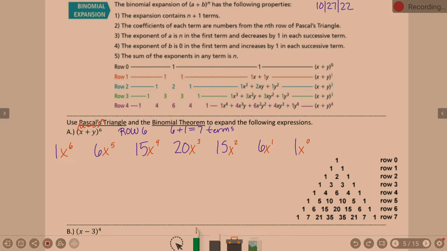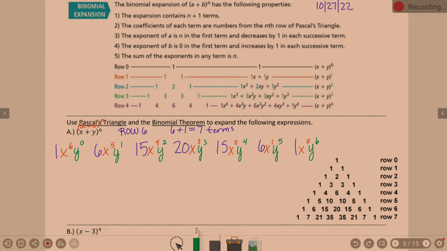So we have 1 x to the 6th, y to the 0. 6 x to the 5th, y to the 1st. 15 x to the 4th, y to the 2nd. Y to the 3rd, y to the 4th, y to the 5th, and I end up with 1 x to the 0, y to the 6th.